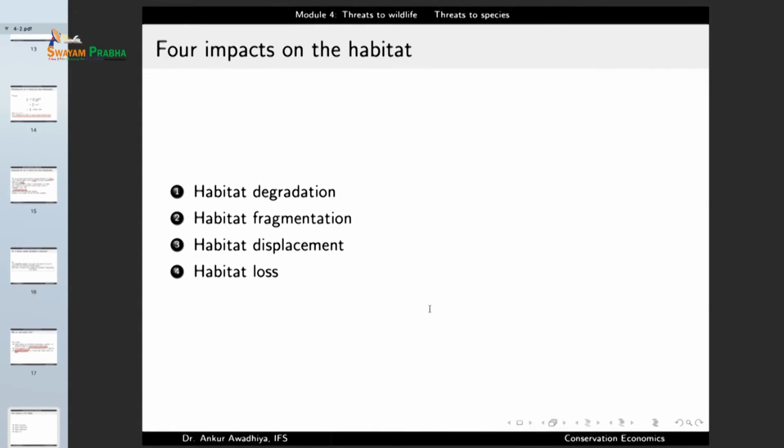Now, the impacts on the habitat, or the push factors on the habitat, can be accentuated by four processes. We have the processes of habitat degradation, habitat fragmentation, habitat displacement, and habitat loss.